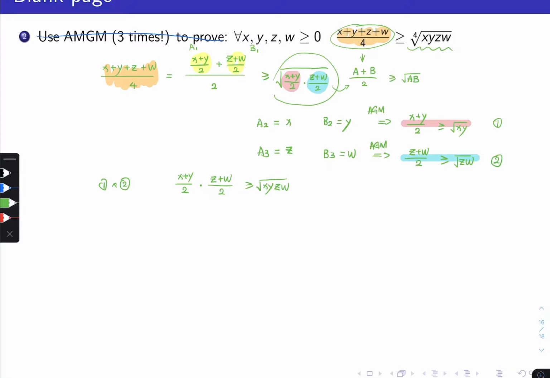Alright, now, if we look at this, let's call this 3. Okay, let's call this 3. If you observe the left-hand side of 3, and let's make it another color.